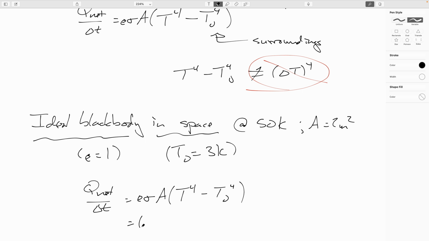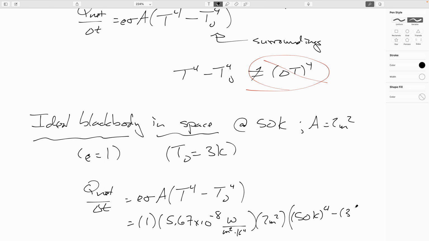So we'll go ahead and say the emissivity is 1. The Stefan-Boltzmann constant is 5.67 times 10 to the negative 8 watts per square meter Kelvin to the 4, times 2 square meters, times 50 Kelvin to the fourth power minus 3 Kelvin to the fourth power.